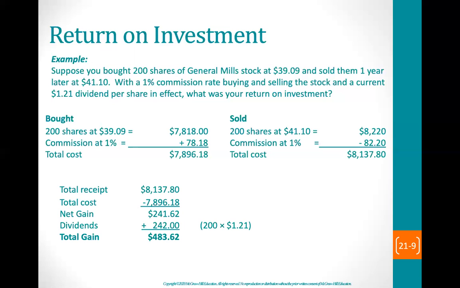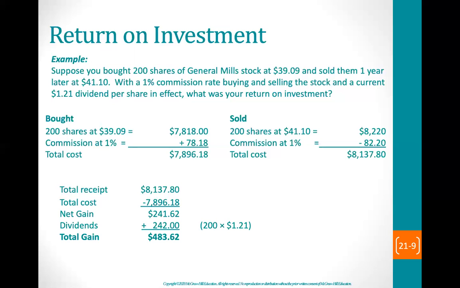And we earned dividends on them throughout the year. We had 200 shares and they paid $1.21 in dividends. So we got $242 in dividends throughout the year as well. So in total, we earned $483.62 in a gain on our investment.